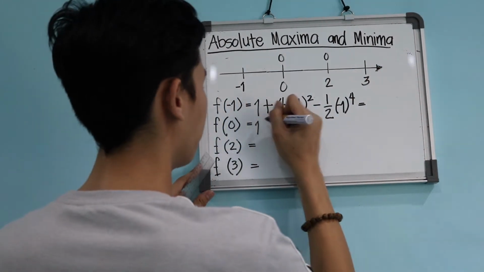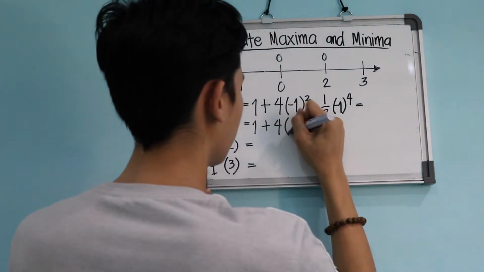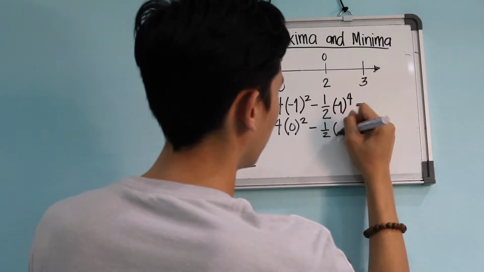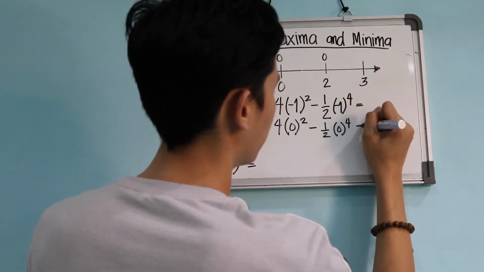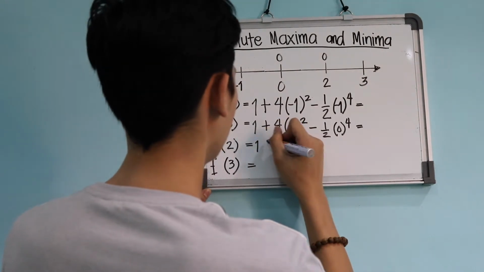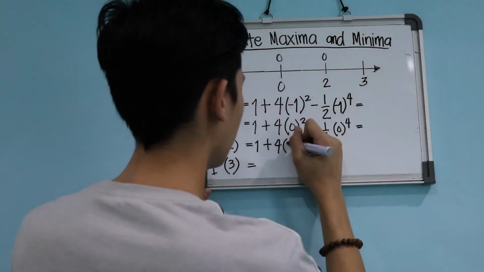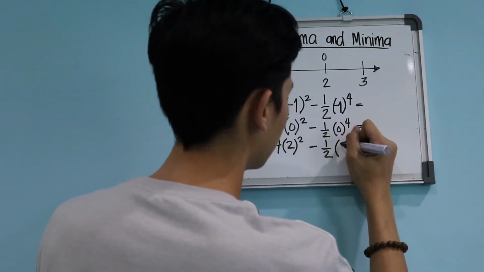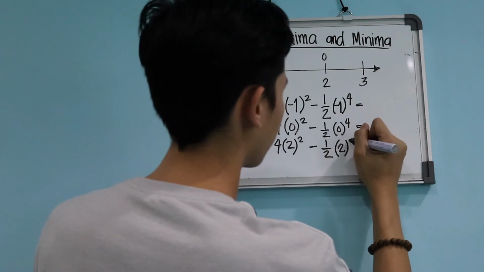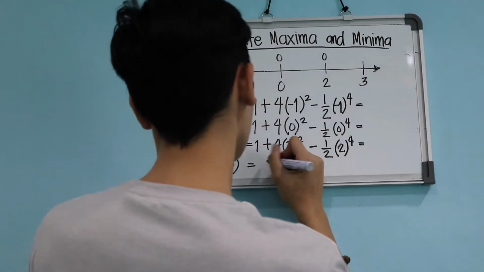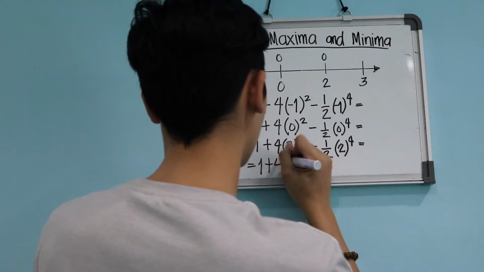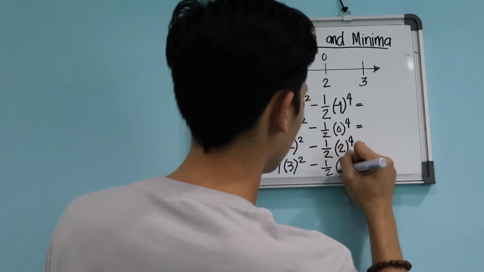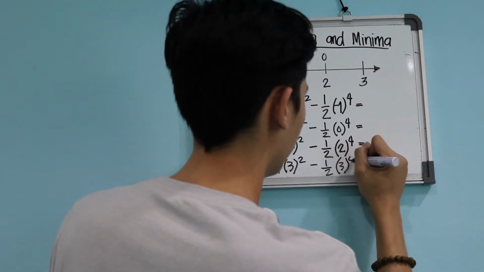So 1 plus 4 times 0 squared minus 1 half and 0 to the power 4. 1 plus 4 times 2 to the power 2 minus 1 half times 2 to the power 4. 1 plus 4 times 3 squared minus 1 half times 3 to the power of 4.